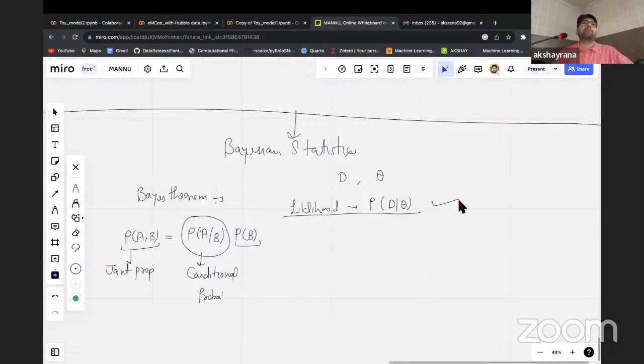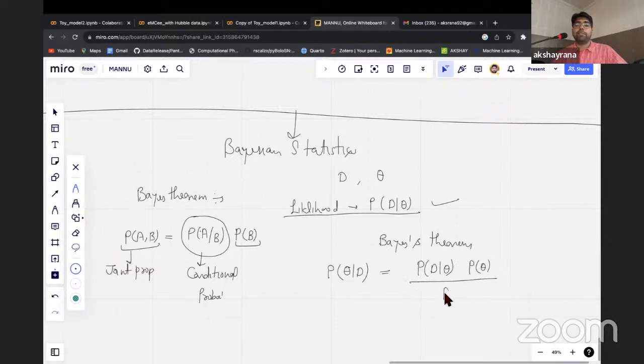This is the likelihood. Bayesian suggests that you can find the probability of theta given the data, the probability of getting the model parameters given you have the data. This is related to the likelihood as P(D given theta) times P(theta) divided by P(D). What are these terms?